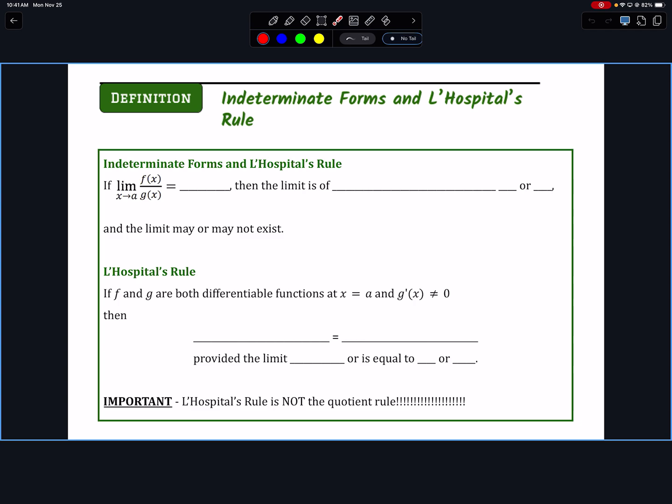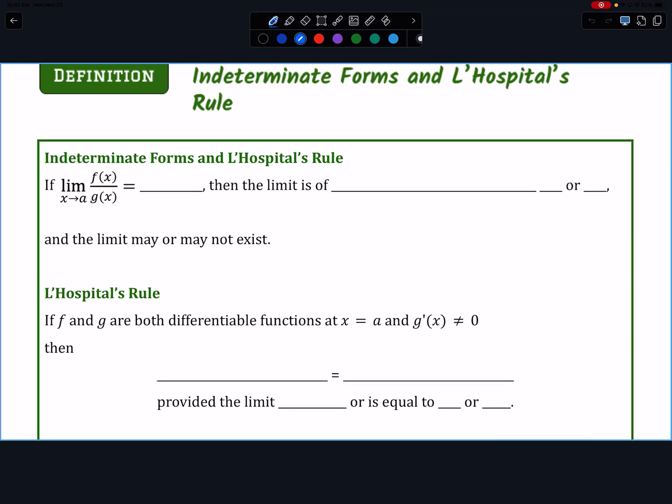So if the limit as x approaches a of f of x divided by g of x is equal to either 0 over 0, or the other one you may get tested on, infinity divided by infinity, then the limit is of indeterminate form. 0 over 0 or infinity over infinity.